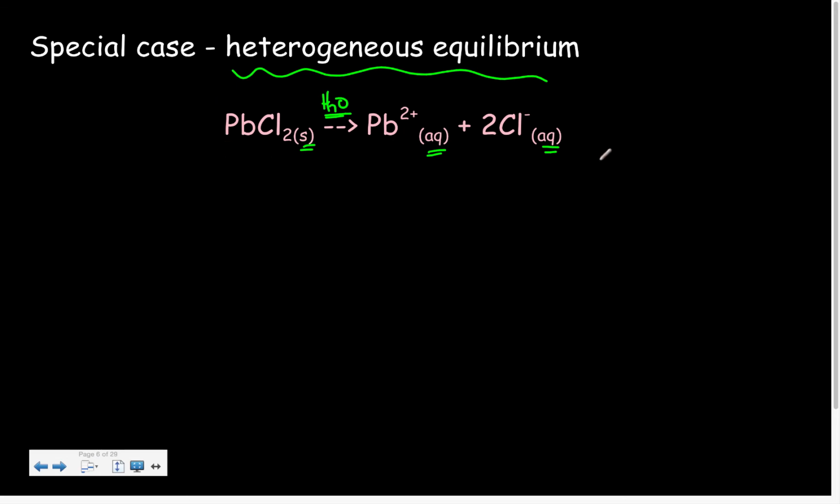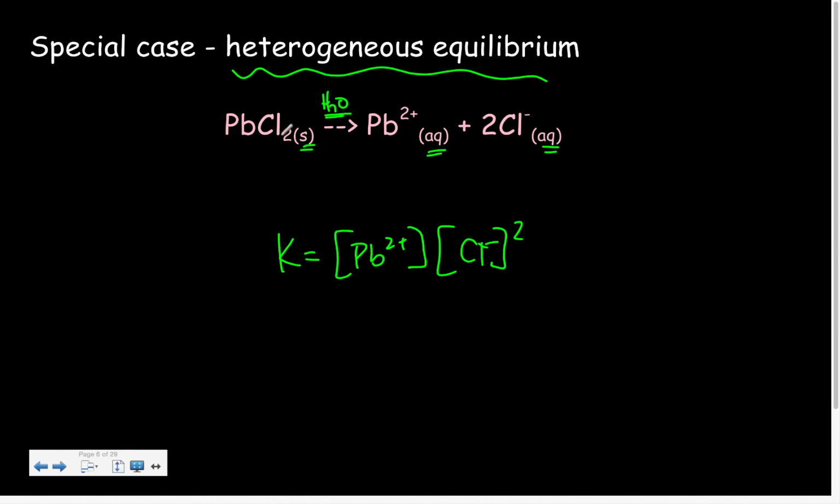When a pure substance is intermingled with a bunch of mixture stuff, it is always going to be excluded from our equilibrium expression. So our equilibrium expression here is going to be that, because we're going to exclude this PbCl2 solid.